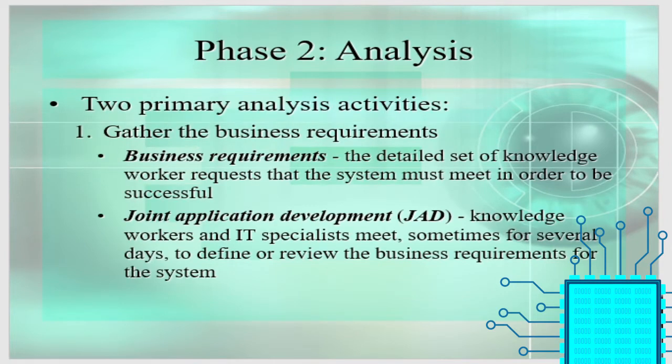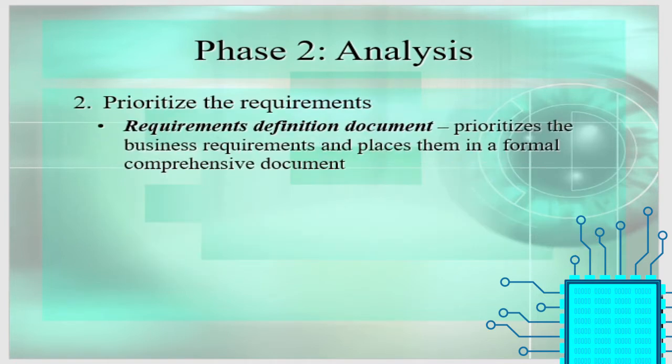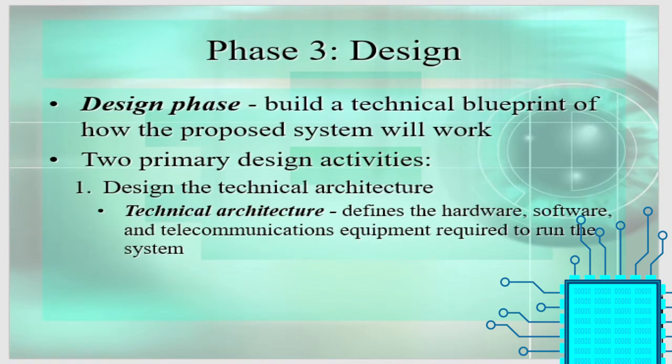While gathering the requirements, they are divided into business requirements and joint application development. Business requirements are the detailed set of knowledge worker requests that the system must meet in order to be successful. Knowledge workers and IT specialists meet, sometimes for several days, to define or review the business requirements for the system. While prioritizing the requirements, the business requirements are placed in a formal comprehensive document.